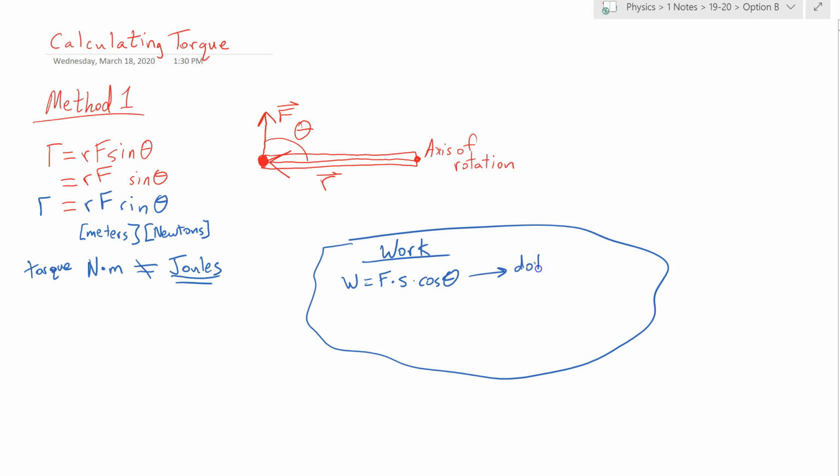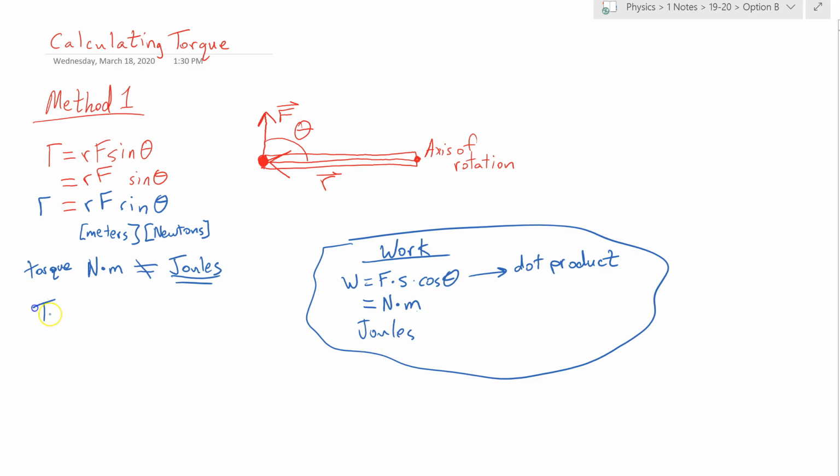This is actually a dot product between vectors, and it results in a scalar quantity, which is newtons times meters, which is joules. So energy is a scalar, doesn't have direction. Newtons times meters calculated in this manner is joules.